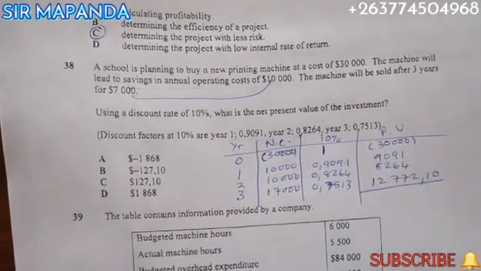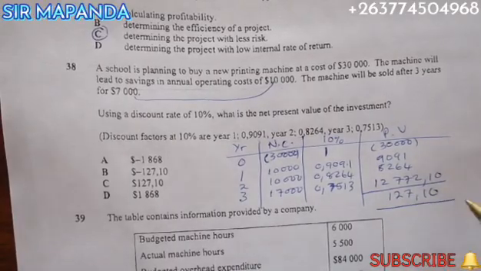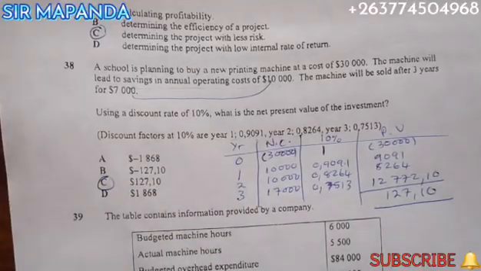Then add it with 8264 plus 9091. Then deduct it from 30,000. You get 127.10 positive. So your answer is C. I hope you are following.